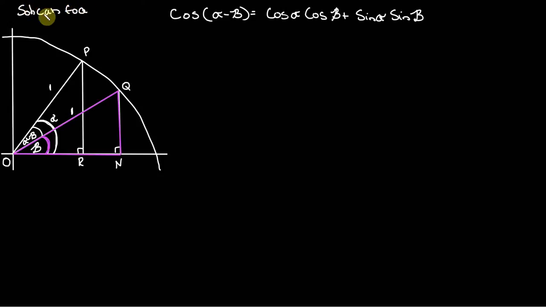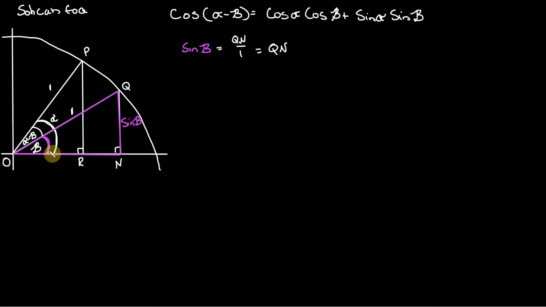SOHCAHTOA, right? Sine is opposite over hypotenuse, of course. So sine of beta is going to be, well, what's the opposite over the hypotenuse? It's QN over 1, which is just going to equal QN. In other words, QN is sine of beta. So we can mark that in, sine of beta.